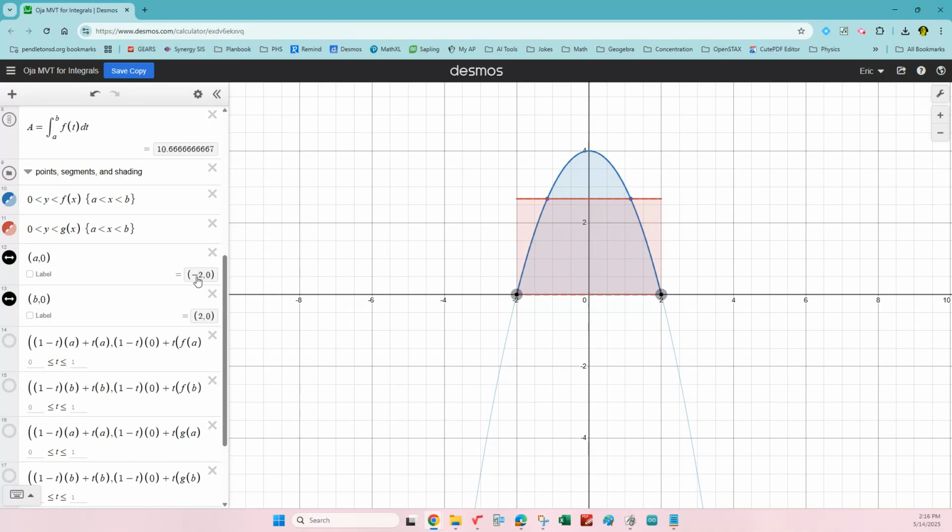How do the areas, the blue area under the arch, how does that compare to the red area under the red rectangular area? They're equal, good. And so then the average value of the function is just that value right there, right? Which is what we say it was, 8/3, okay? Where does it happen? It happens there and there. And those are decimal equivalents of 2 radical 3 over 3, positive and negative.